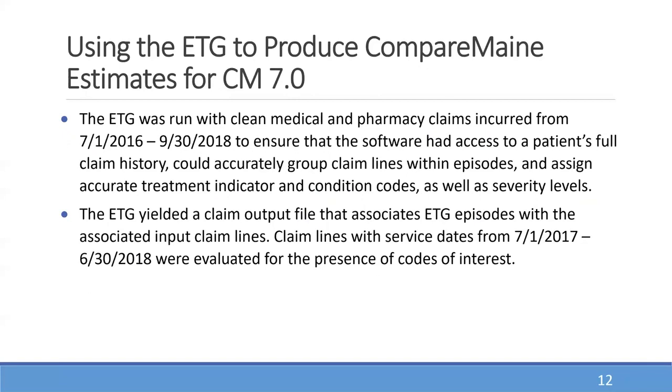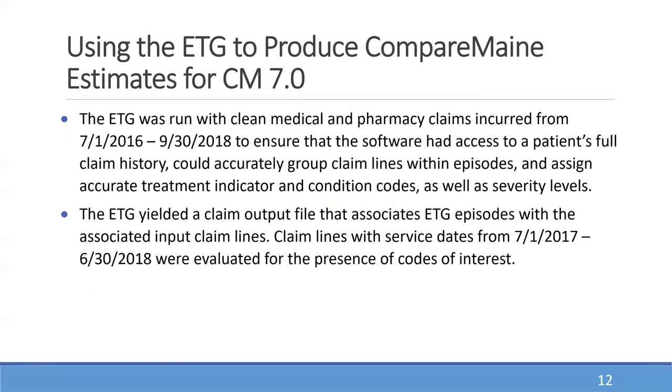But in order to run the ETG, we look at a longer period of time to ensure that the software has access to the patient's full claim history to accurately group the claim lines within the episodes, and then to be able to assign the accurate treatment indicators and condition codes, as well as severity levels. So we look at a longer period of time to make sure we have the full history.